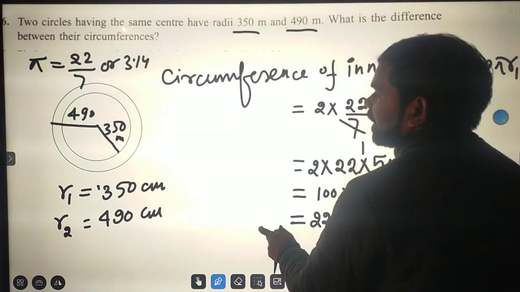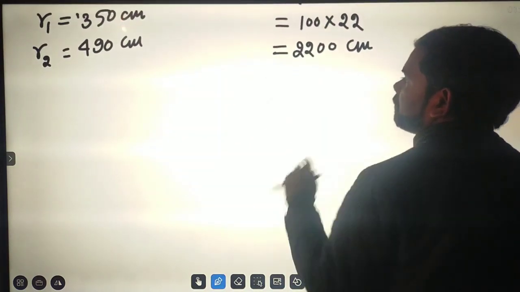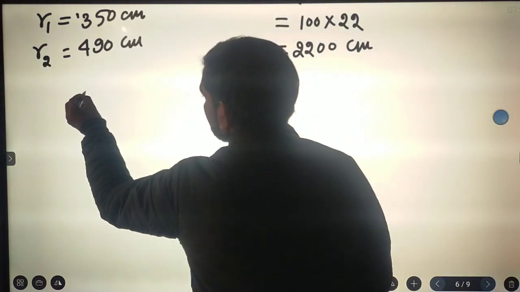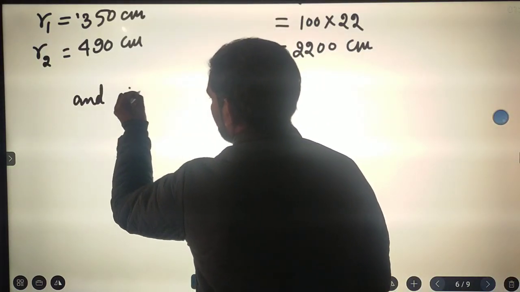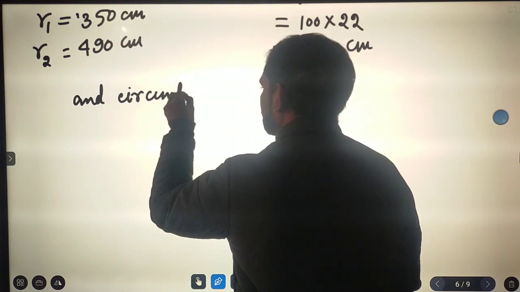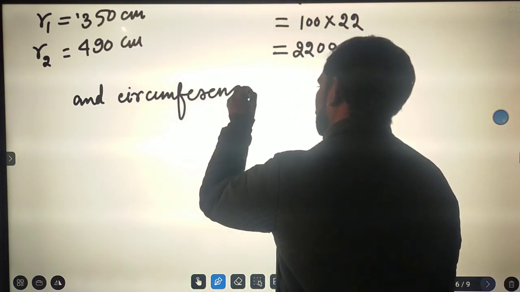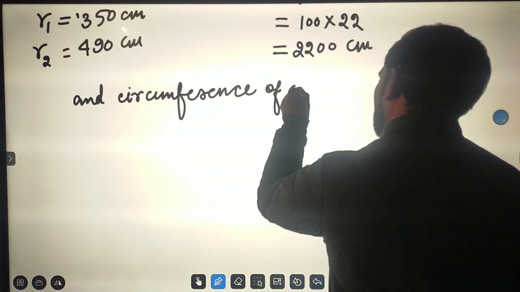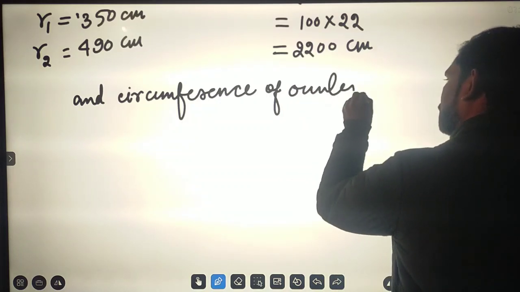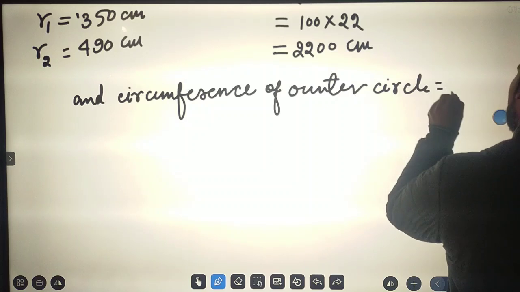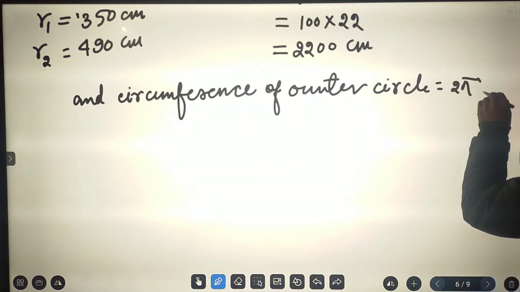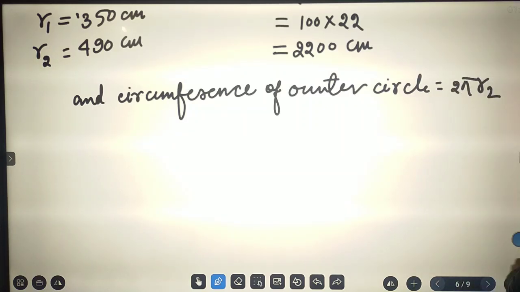Now let's find the circumference of the outer circle. The circumference of the outer circle is equal to 2 pi r2.